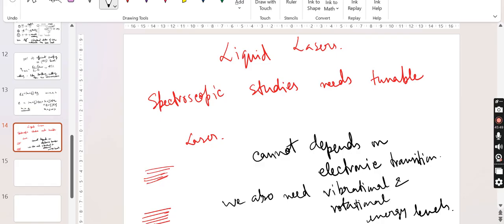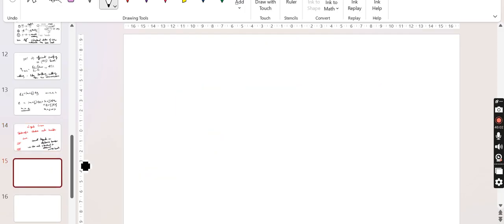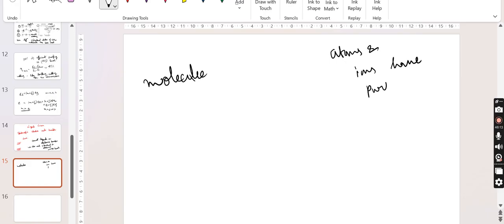And we know that atoms cannot have vibrational and rotational energy levels. To have vibrational and rotational energy levels, we need molecules, because atoms and ions have purely electronic transitions.